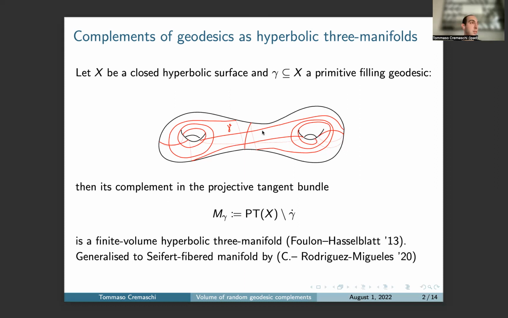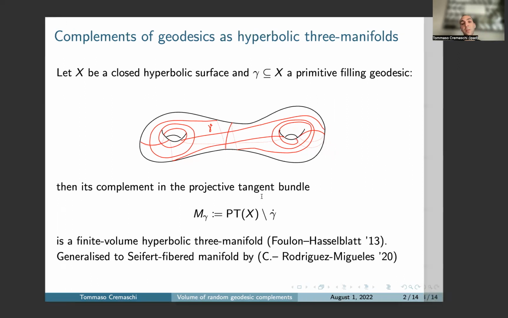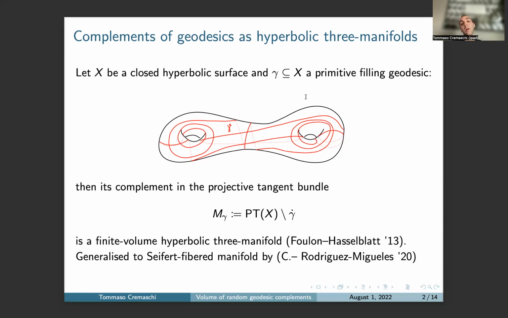If you take this three-dimensional gadget, you drill out a copy of this loop from it, and you want to drill it out in a particular way. Because we're looking at the projective unit tangent bundle, there's a preferred lift of the curve, called the canonical lift.